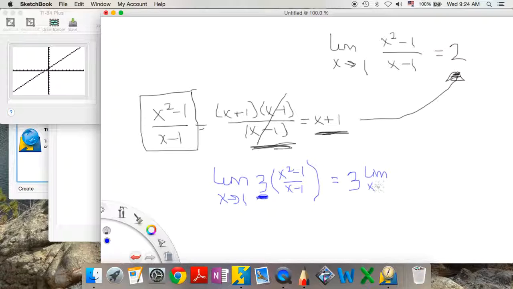It's going to be 3 times the limit of just the function. Well, we know what this is. This is just 2. We already calculated that. So the limit of 3 times that function is the same thing as 3 times the limit, which means it's just 6.